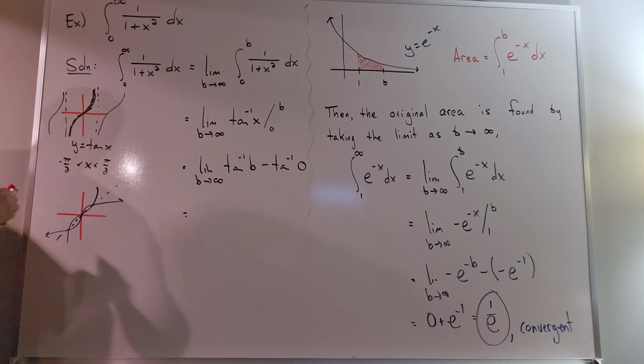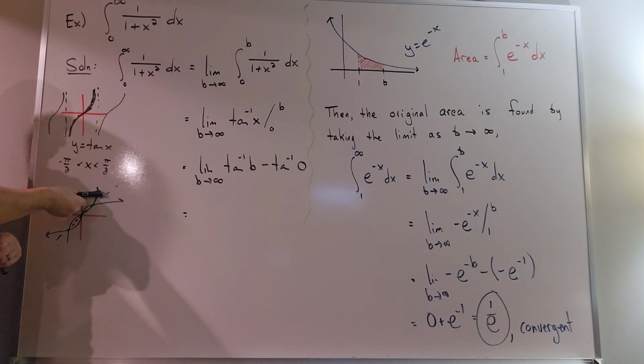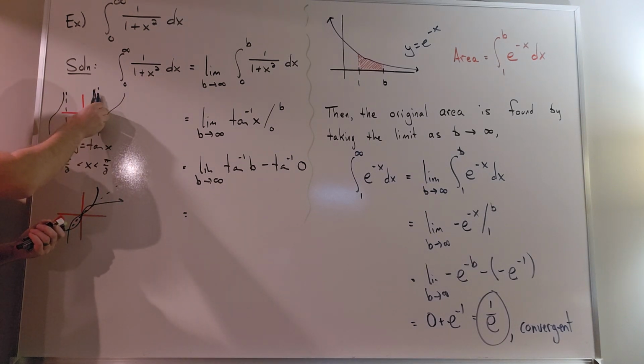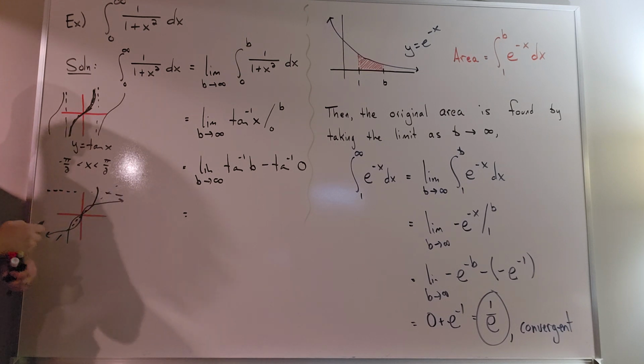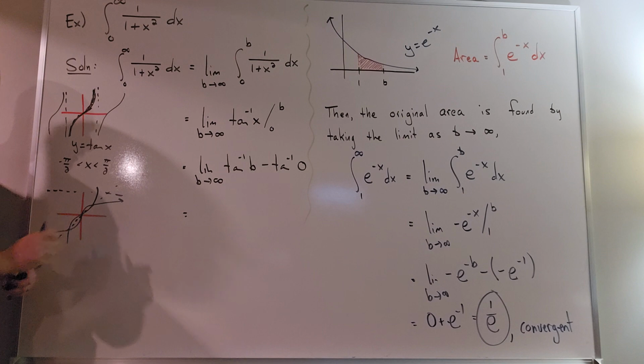The idea is these vertical asymptotes become horizontal asymptotes, meaning this asymptote x equals pi over 2 becomes this horizontal asymptote y equals pi over 2. In other words, as the input of tan inverse goes off to infinity, the function values get close to pi over 2.